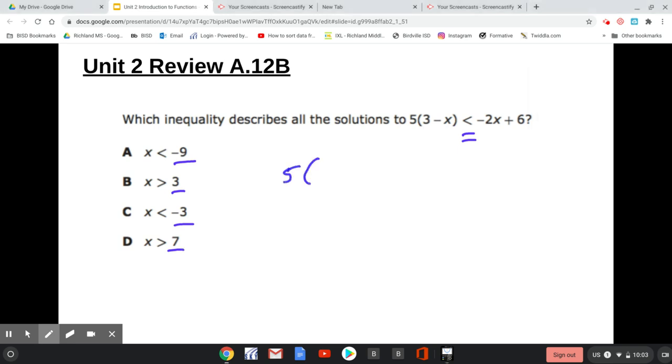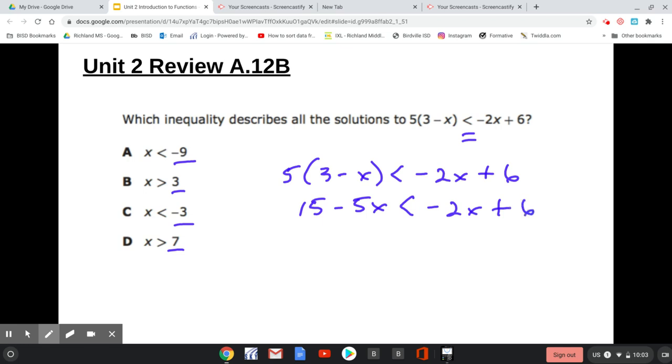So we have 5 times 3 minus x is less than negative 2x plus 6. So we have 15 minus 5x is less than negative 2x plus 6.